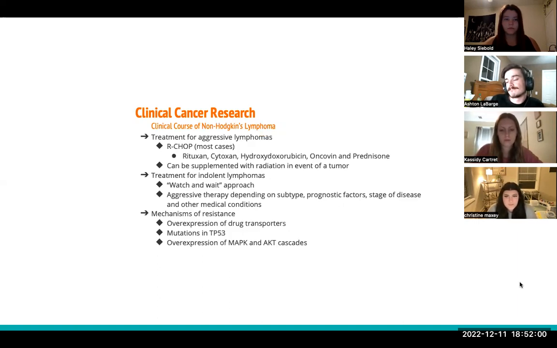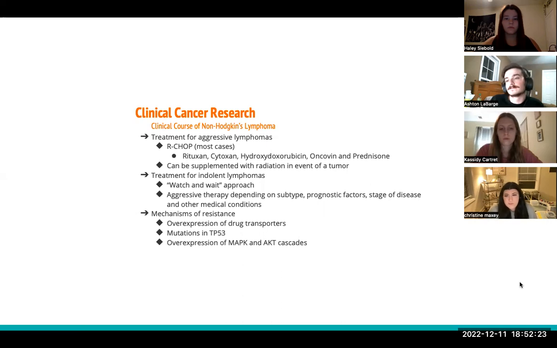Aggressive lymphomas in most cases are treated with R-CHOP, which is a combination of rituximab, Cytoxan, hydroxydoxorubicin, Oncovin, and prednisone. It can be supplemented with radiation in the event of a tumor. One of the most common first-line methods is rituximab combined with chemo.